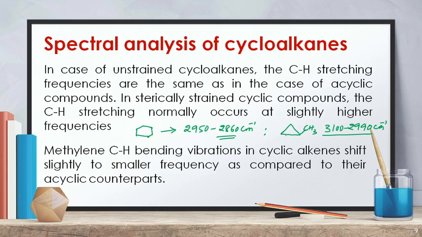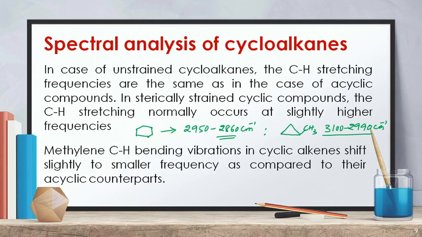See the variation between an unstrained cyclic compound and a sterically strained one. So we can differentiate whether a cyclic compound is strained or unstrained depending upon the values present in the spectrum, right?